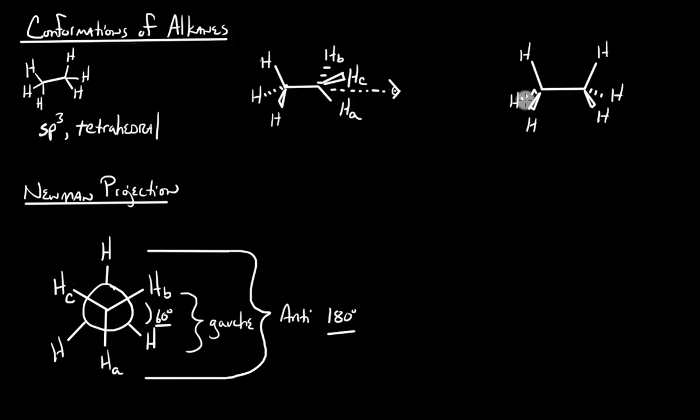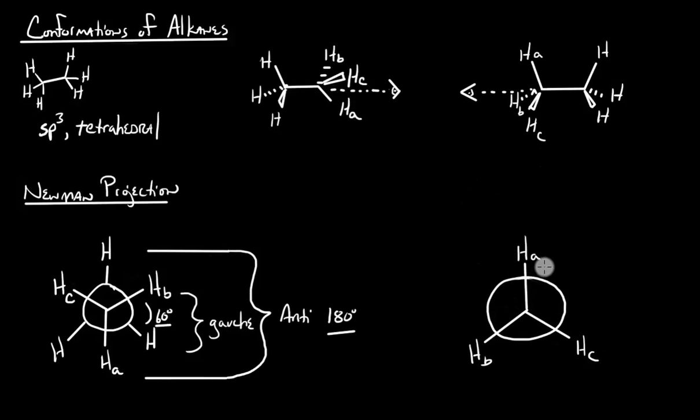Now if I looked at this conformation of ethane using a Newman projection, if I took my little eyeball and looked along this carbon-to-carbon bond, I'm going to get a different Newman projection, where this is HA, HB, and HC. From this perspective, HA is pointing up, and so this hydrogen is also pointing up.